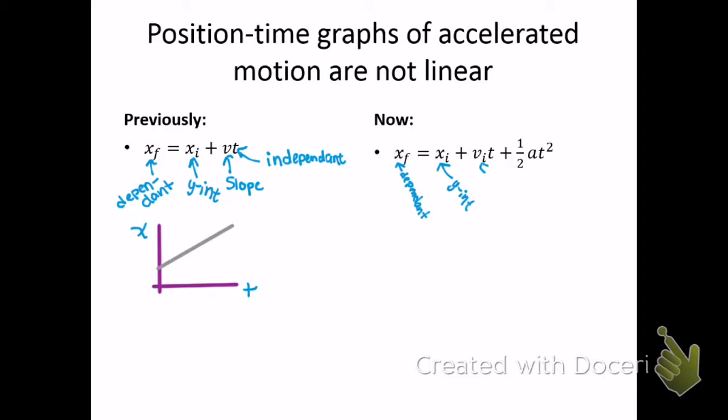It is our initial slope. Then we can go ahead and see the fact that a is how much curve we have. Right. t in both the second and the third term are still our independent variable. This whole last term is what gives the equation its curve.